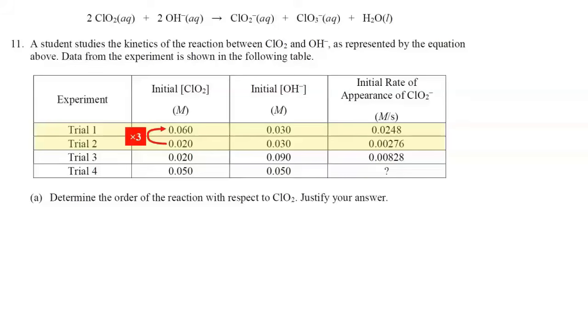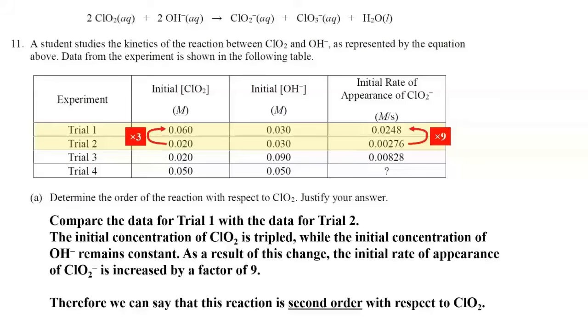And now how did the rate get affected by this change? 0.0248 is a larger value than 0.00276. So by what factor did the rate increase? Was it a factor of 3? No. If you do the math, you realize that that's an increase by a factor of 9. So what does this tell us? That it must be second order with respect to ClO2.